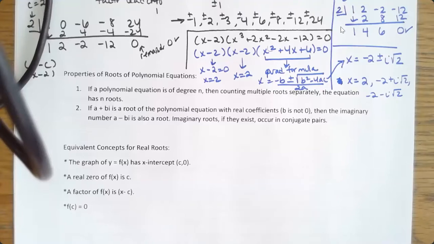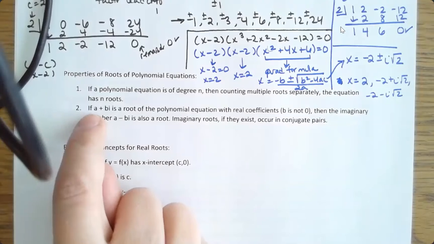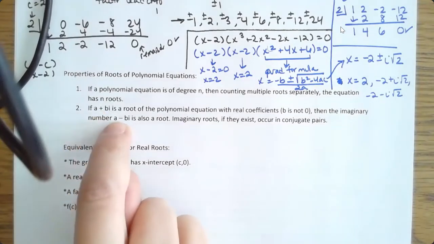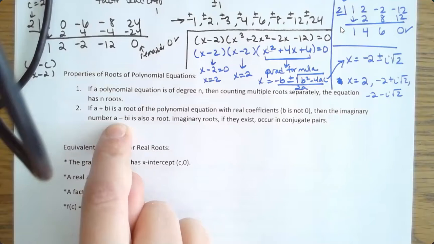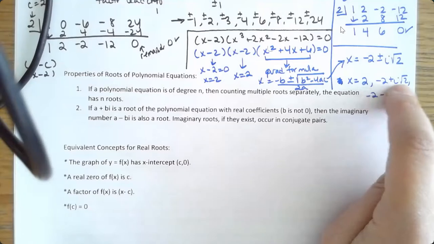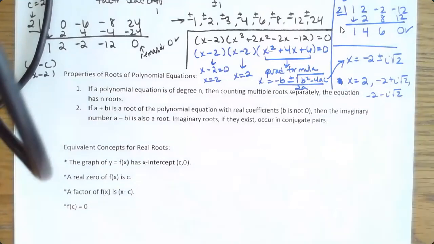The other thing to note is that if you have a true imaginary solution, then the conjugate is also a solution. So we saw that here. If you have one imaginary solution, then the conjugate is also a solution.